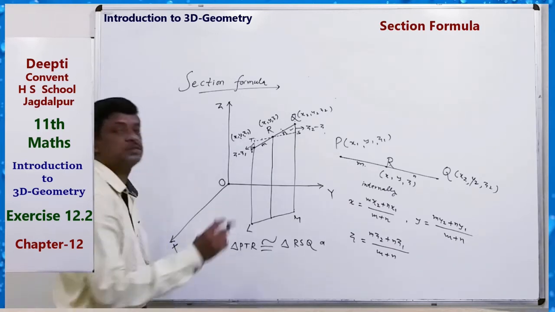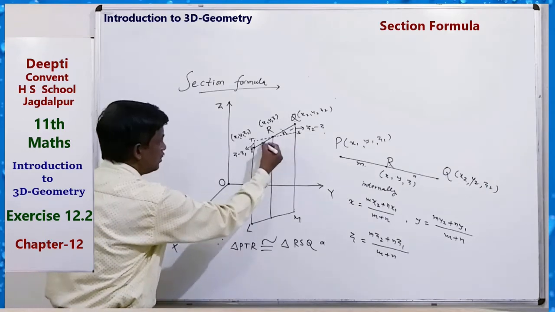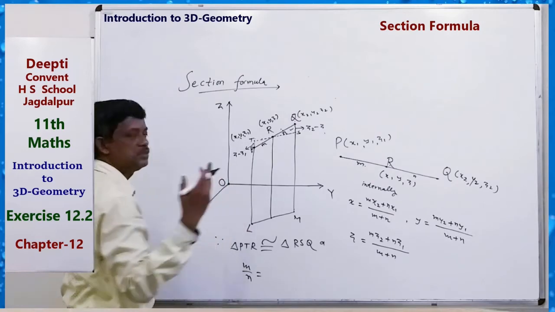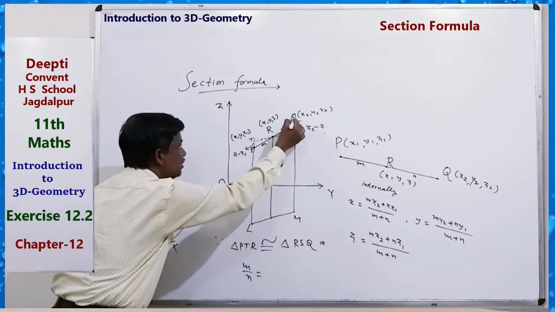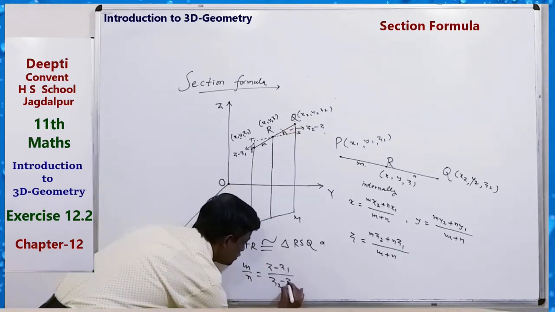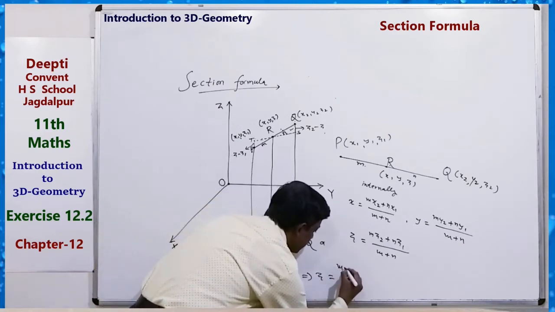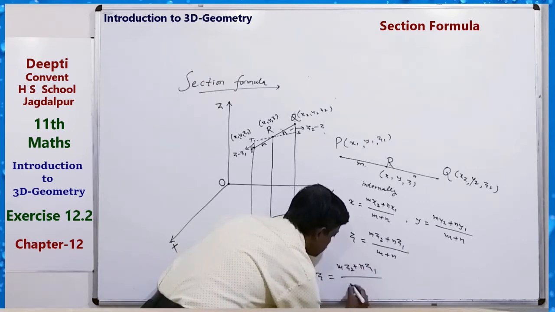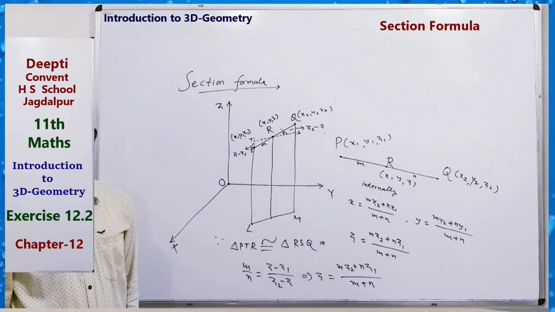Since these two triangles are similar, we can use the ratio m by n equals TP by QS, that is z minus z1 upon z2 minus z. From here you can get z equals m z2 plus n z1 over m plus n.